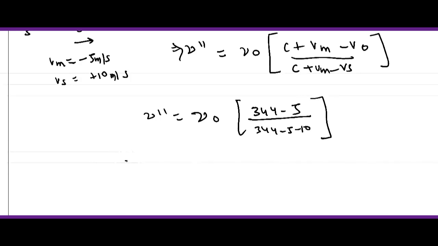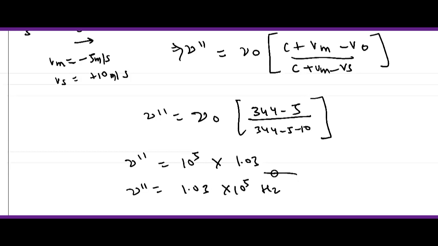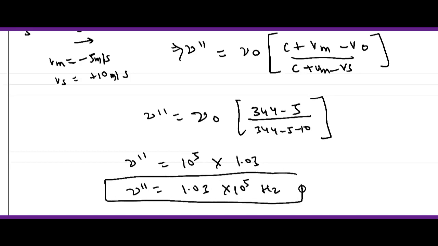From here, we will get nu double dash equals nu naught, which is 10 to the power 5 into 1.03, or nu double dash equals 1.03 into 10 to the power 5 hertz. So this is our frequency for the second part. This is our answer. So I hope you understood it.